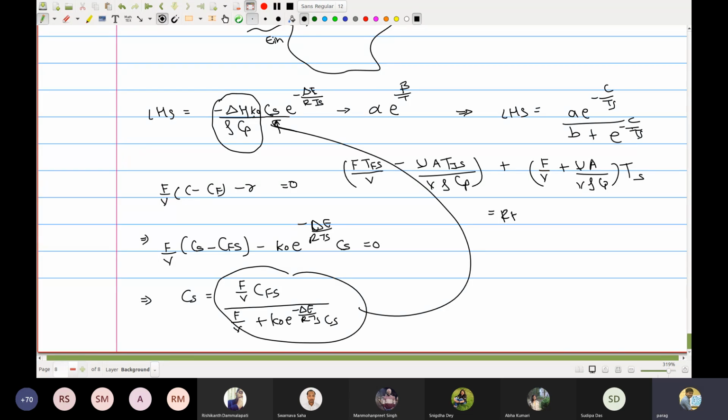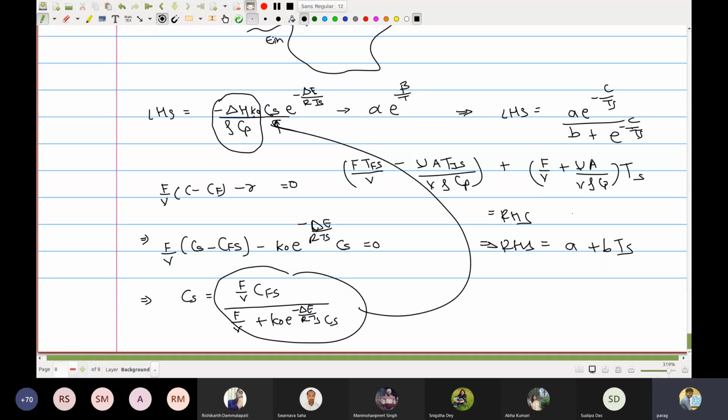So this entire thing is a constant, so A plus this entire thing is a constant times T, right? So now the intersection of these two lines, of the left hand side and right hand side, will tell me the solutions, and that can help me determine whether I will have a single solution or multiple solutions.